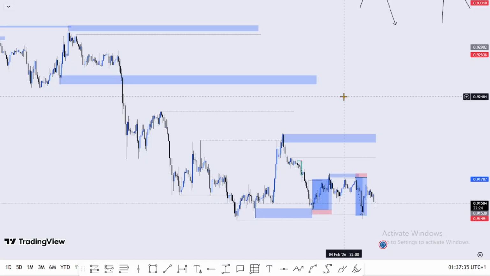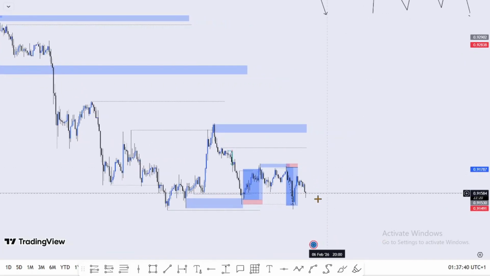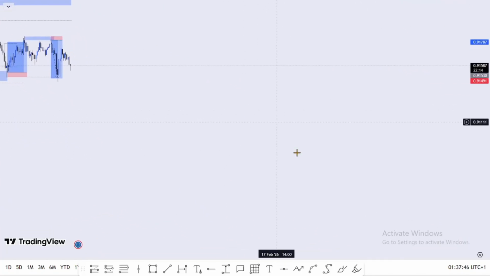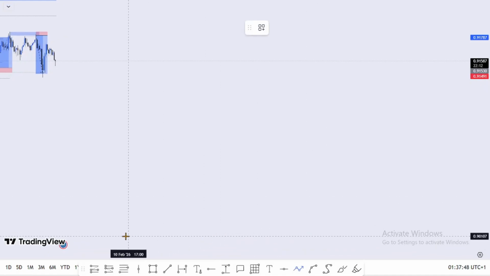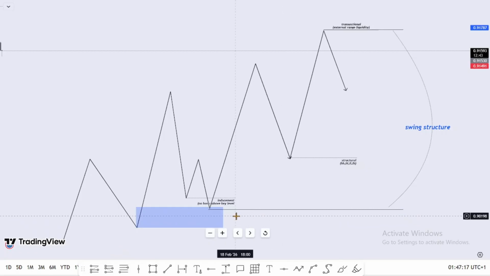For that, the first thing we need to do is understand structure, our main swing structures. Let me try to draft out the swing structure now. Alright guys, so these are the types of liquidity we have.